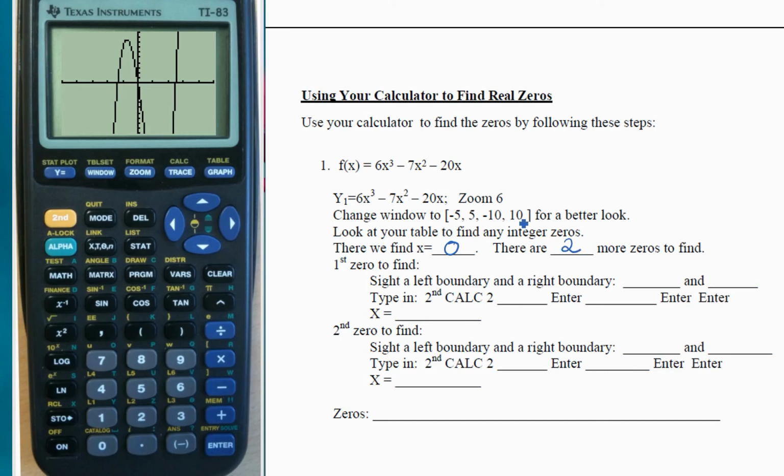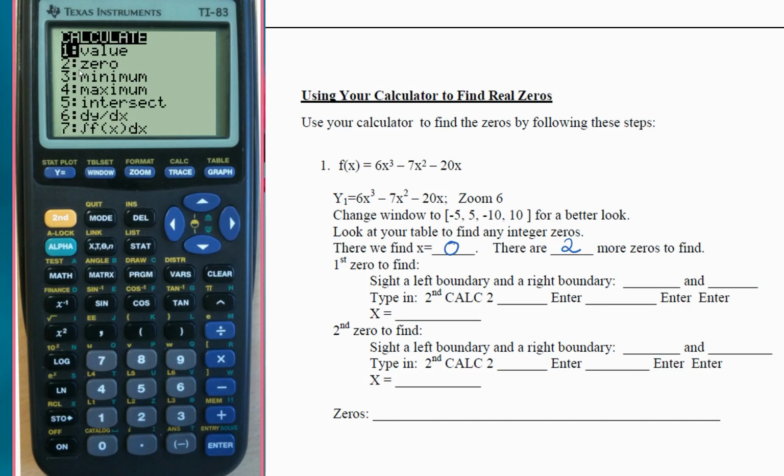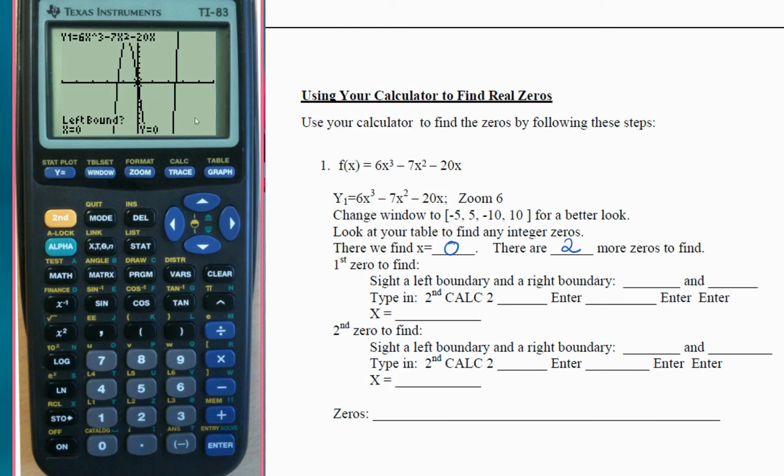Now, to find them on our calculator, we're going to hit second and the calc button, the trace button, and we're going to go down to zero, number 2. Now, we need to pick, so let's say we're finding this 0. We need to pick two numbers, one that's to the left of it and one that's to the right.